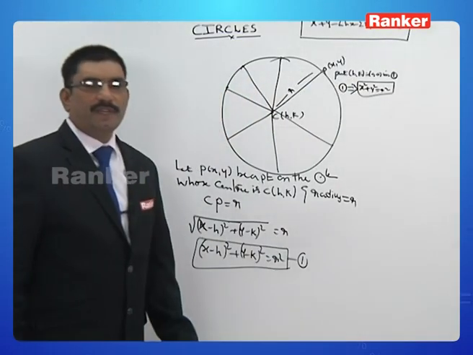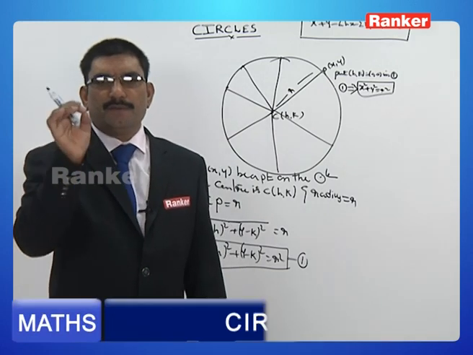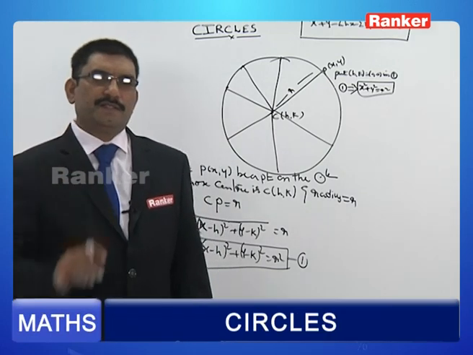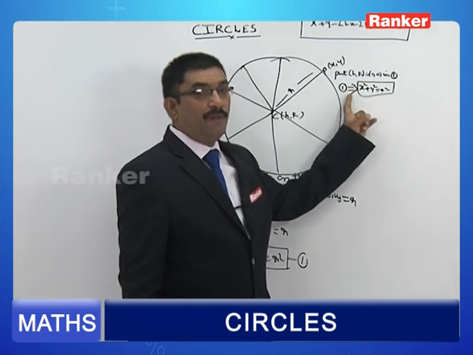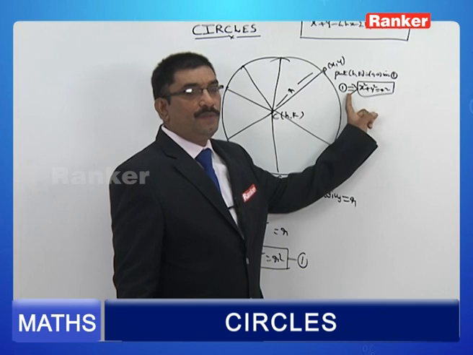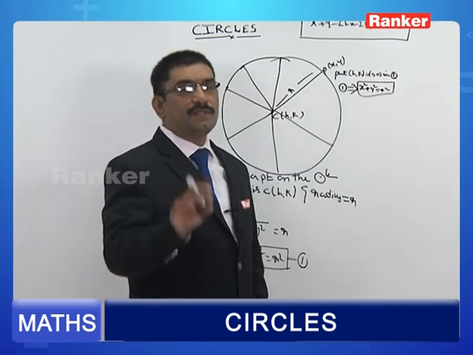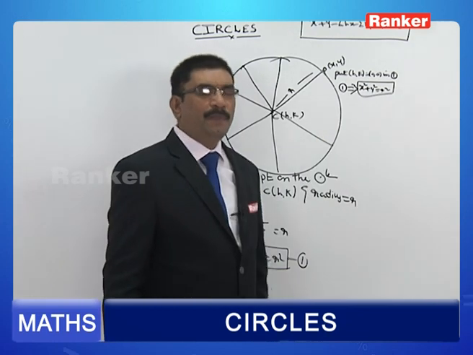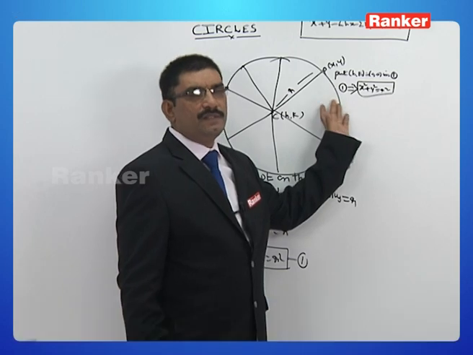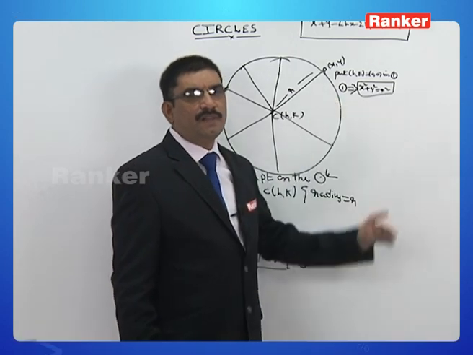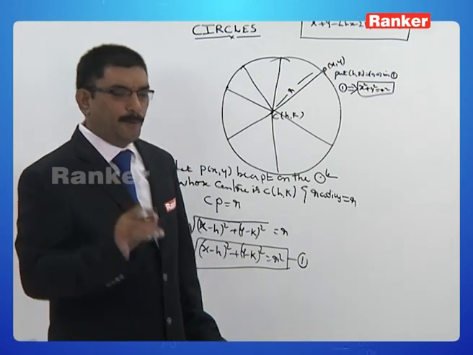This is the equation of a circle having center 0 comma 0 and radius r. Here also you can observe the coefficient of x square and the coefficient of y square are equal. Hence any circle having center 0 comma 0 and radius r is taken as the standard equation of a circle.